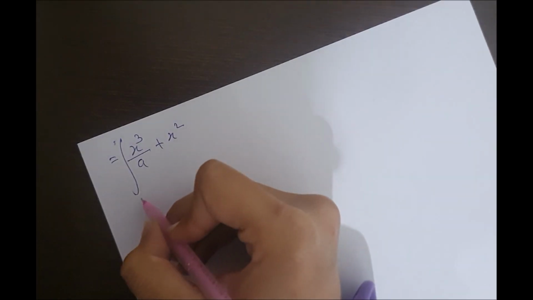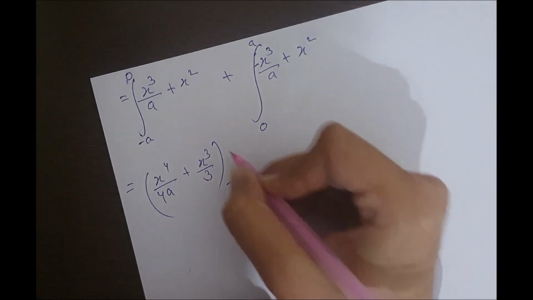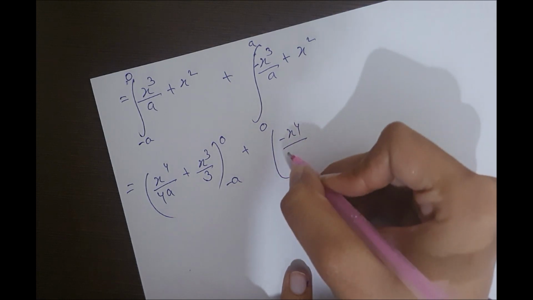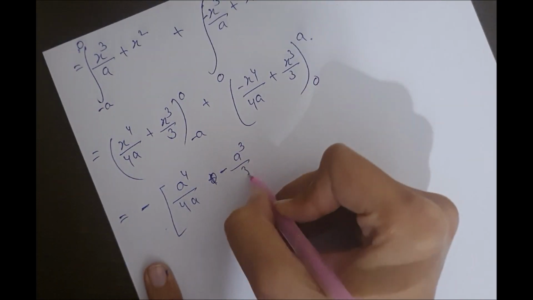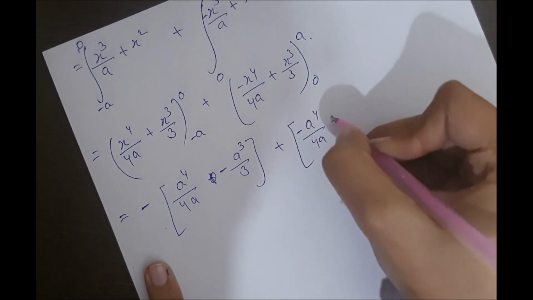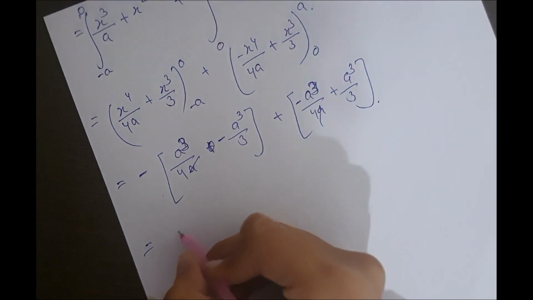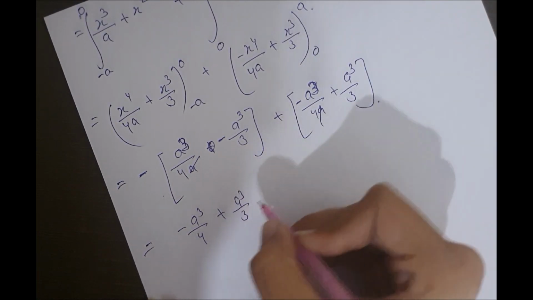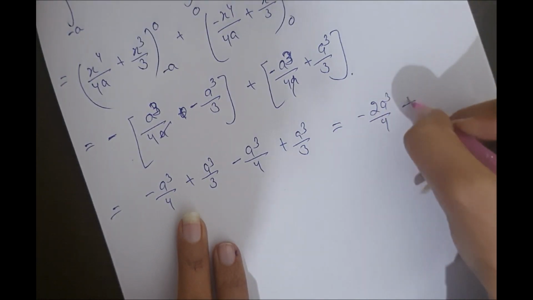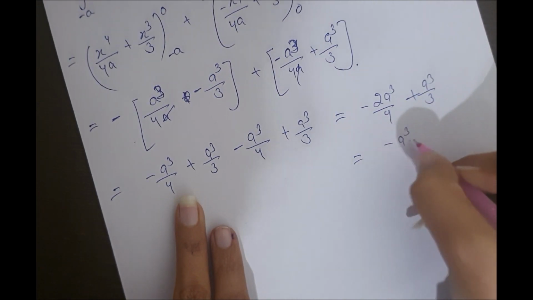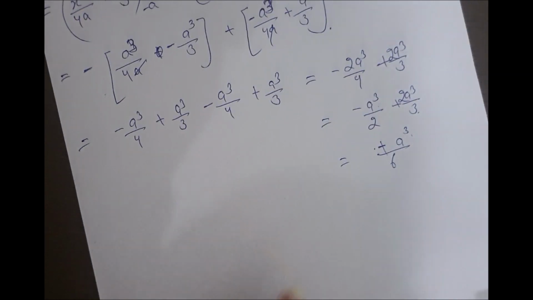Now solve it. This will be 2 by 3. This will be plus a cube by 6.